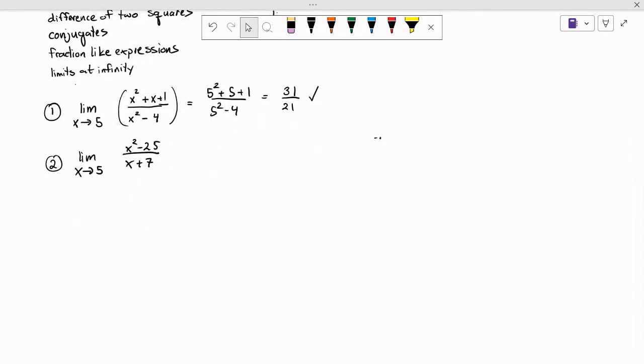As x is close to 5, what do you expect x plus 7 to be close to? You just let x become 5. And what about the numerator? 0. Yeah. So you get 0 over 12. And what is 0 over 12 equal to?